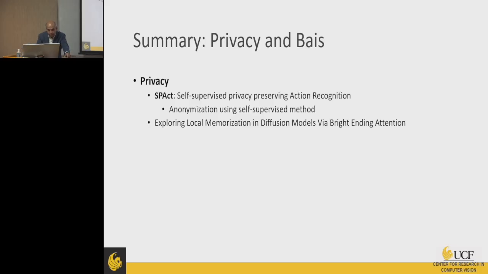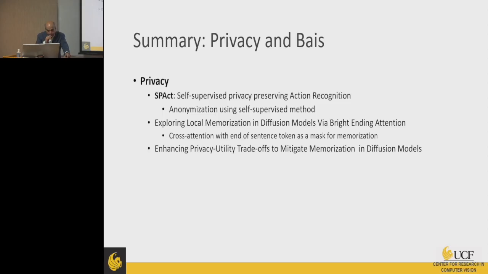The very interesting phenomenon we found is what's called bright ending attention, which does cross attention between the end-of-sentence token and the denoised image, and that tells you a lot. For global memorization, it's bright, with a lot of high values, compared to non-memorization, which is black, and local memorization is in between.